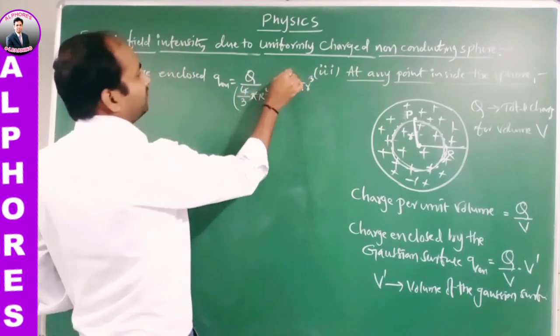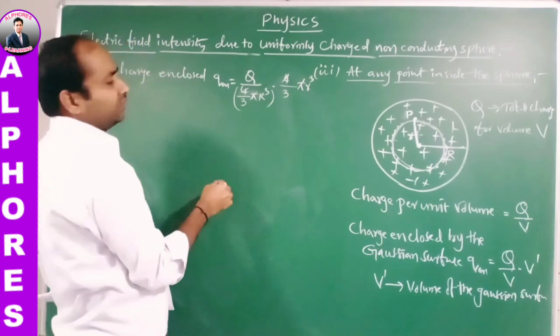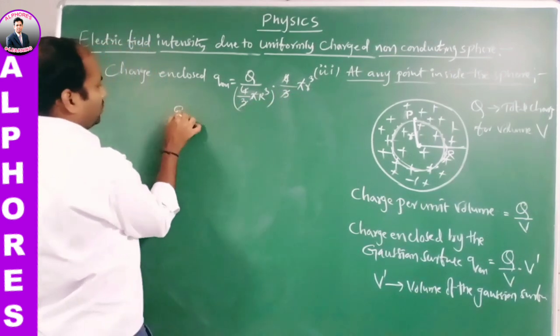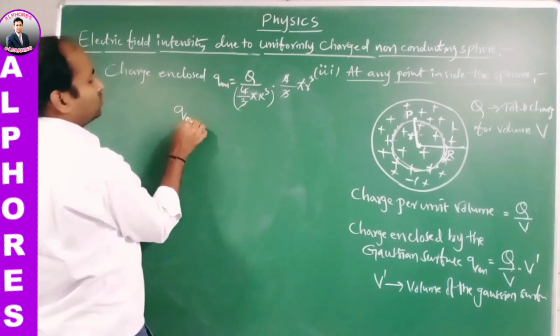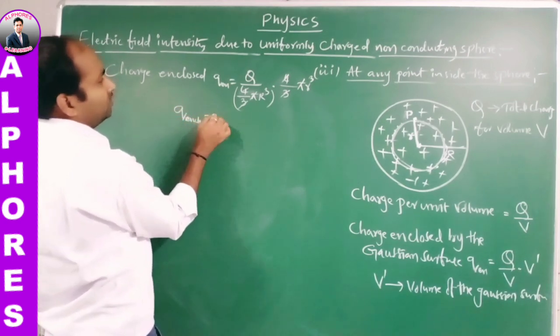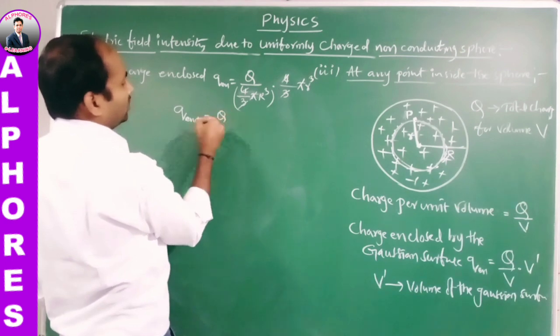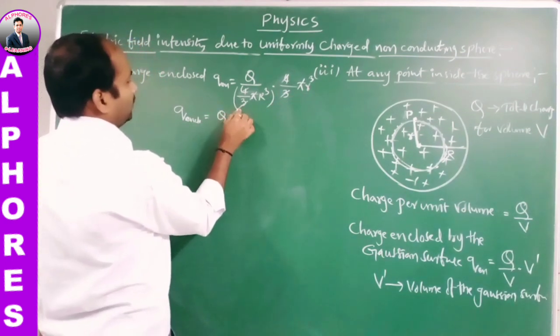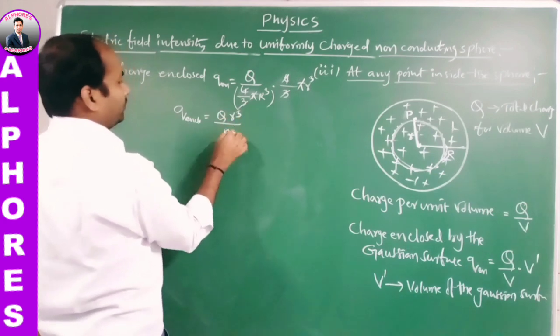Here 4 pi cancels, and 3 also cancels. What remains is Q enclosed equals capital Q, the total charge, times small r cube by capital R cube.